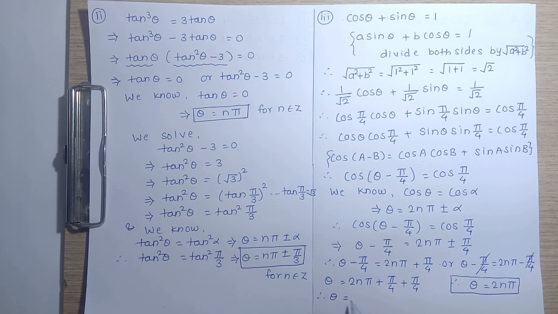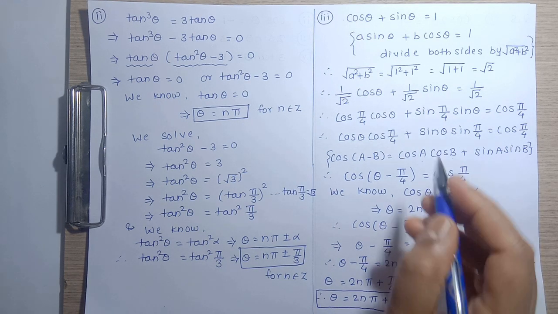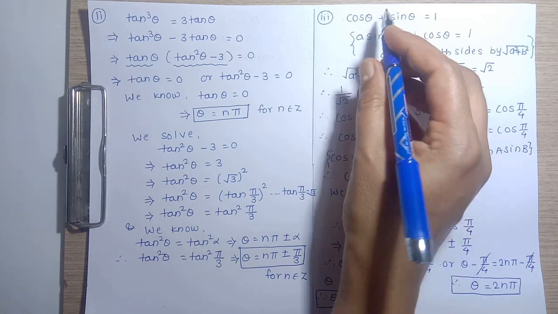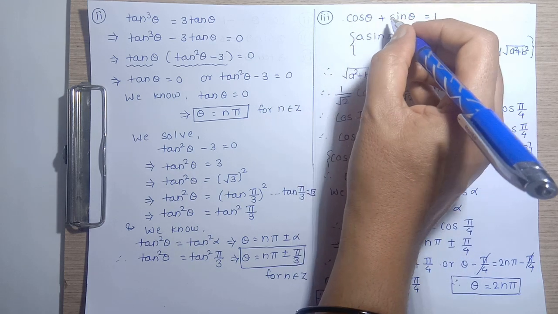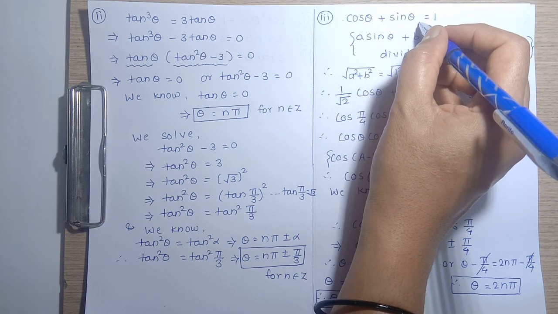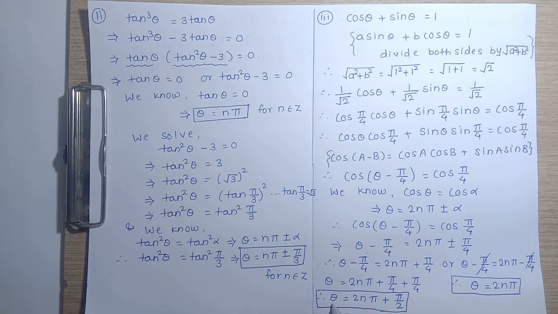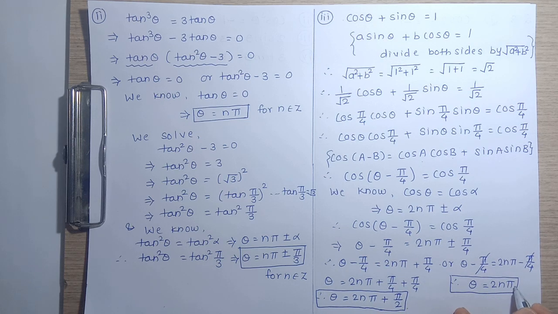Therefore here we get the solution theta is equal to 2n pi plus pi by 2. In that way we have obtained here two solutions for the given trigonometric equation cos theta plus sin theta is equal to 0: theta is equal to 2n pi plus pi by 2, or theta is equal to 2n pi, for n belongs to z.